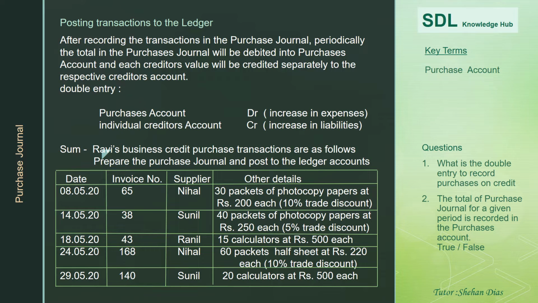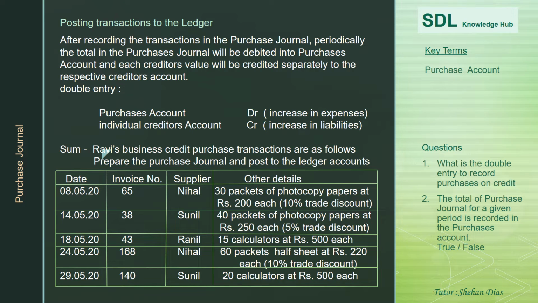Therefore, these values should be posted to the ledger accounts. Periodically, the total of the purchase journal will be debited to the purchases account and credited to each of the creditors. So the double entry will be purchases account debit and individual creditors credit.